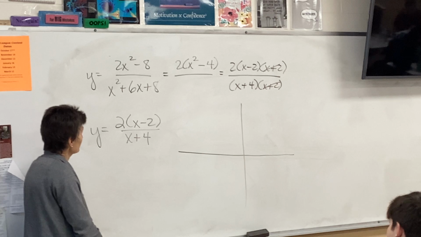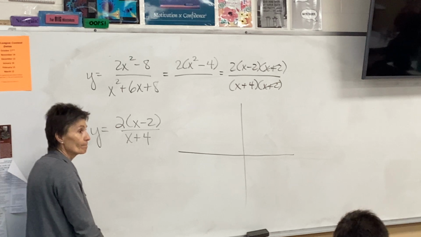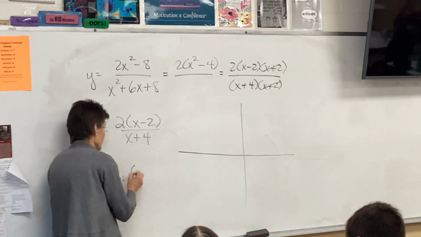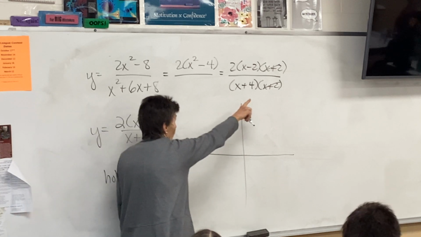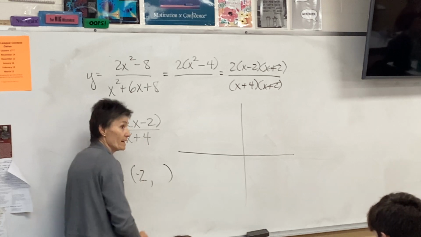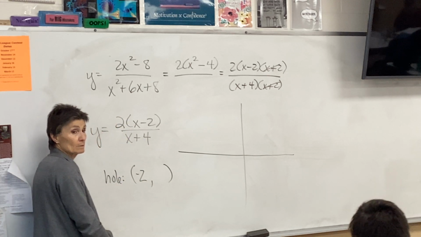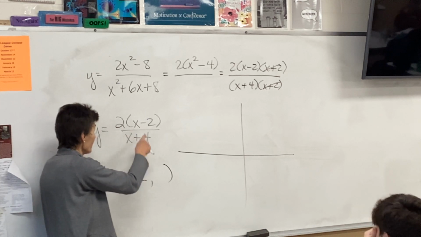So what do I have? I'm going to have a hole. I need to figure it out. The hole comes from what I canceled, so the x is going to be -2. Right? And then I'm going to take that -2 and plug it back in.